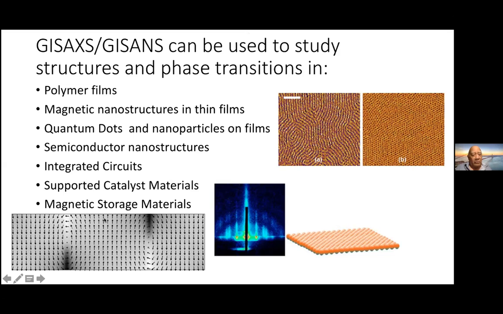Here are some pictures of magnetic domains on the surface of a material. Here are some ordered nanoparticles and the GISAXS pattern. And here is a block copolymer, which sort of goes into this shape when it phase separates, and so forth.